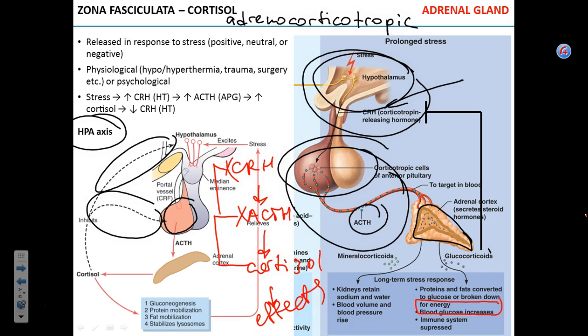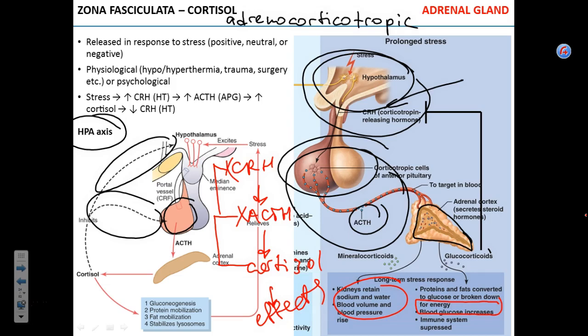It also breaks down fat as an additional source of energy, suppresses the immune system, and reduces inflammation. And probably because the zona glomerulosa and zona fasciculata are very close to each other, stress leads to elevated aldosterone as well.